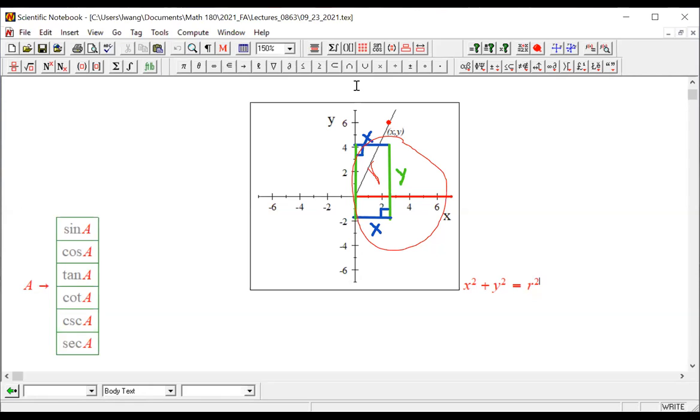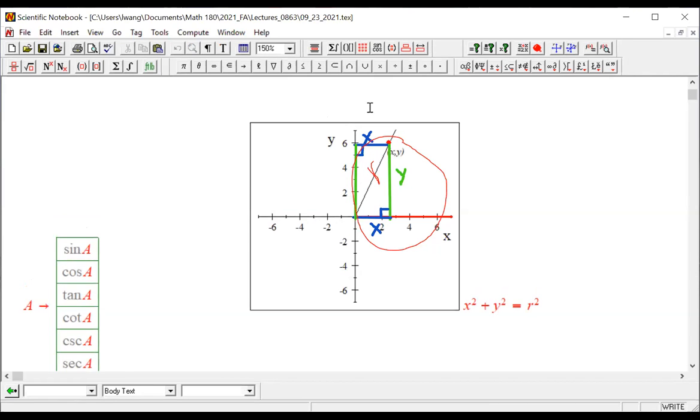R is the length of the diagonal. It's not a reference angle.